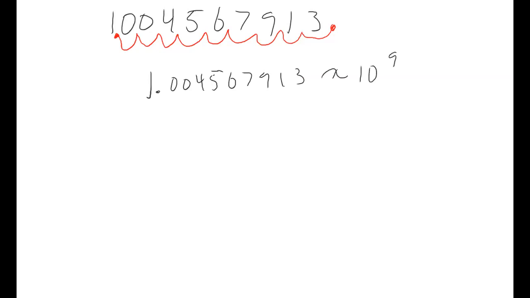A calculator would probably write this in scientific notation and then round some of these numbers. So if I did this in a calculator, it would probably write 1.0046, well, it wouldn't do the times thing, it would do EE 9. So again, that's what a calculator would do.